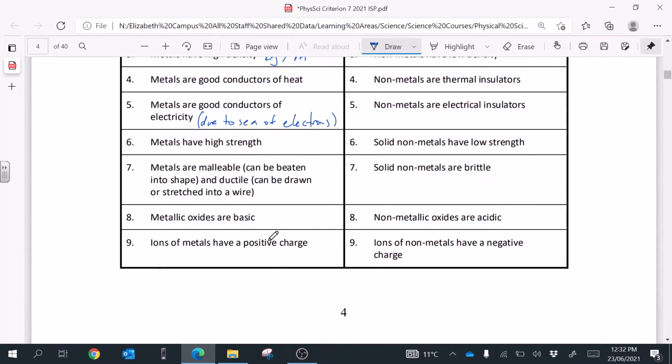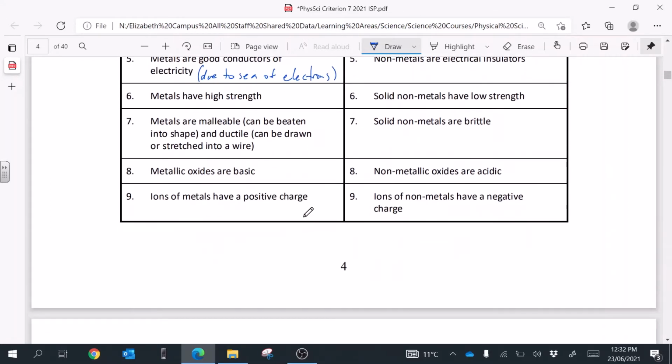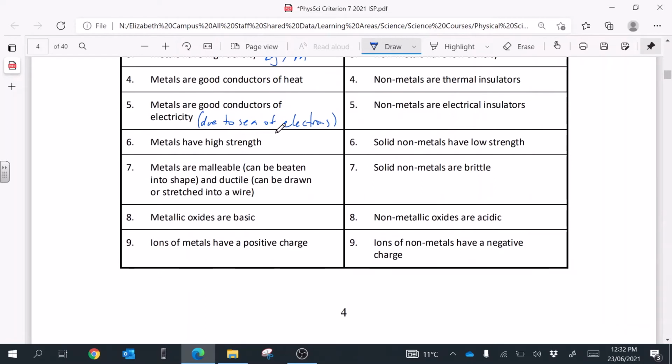Metallic oxides are basic. Ions of metal have a positive charge. We will talk about that a bit more. Basically, when something's basic, it accepts H plus ions, and when they are acidic, they donate H plus ions.